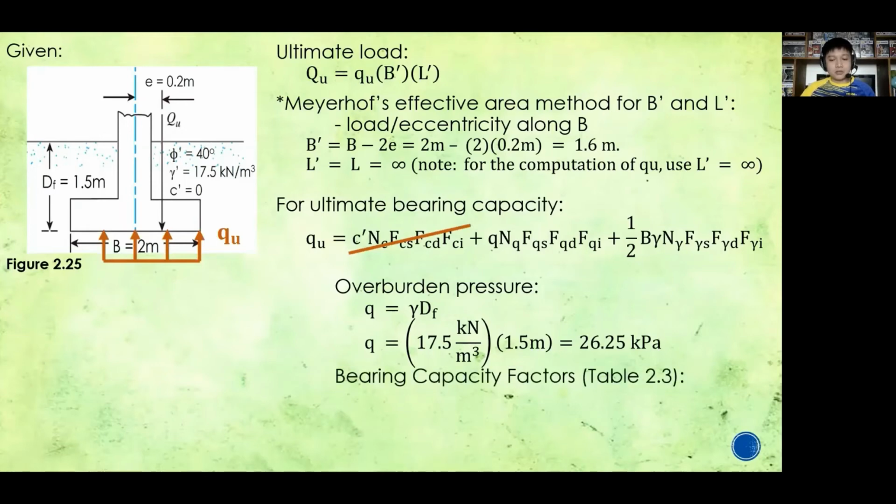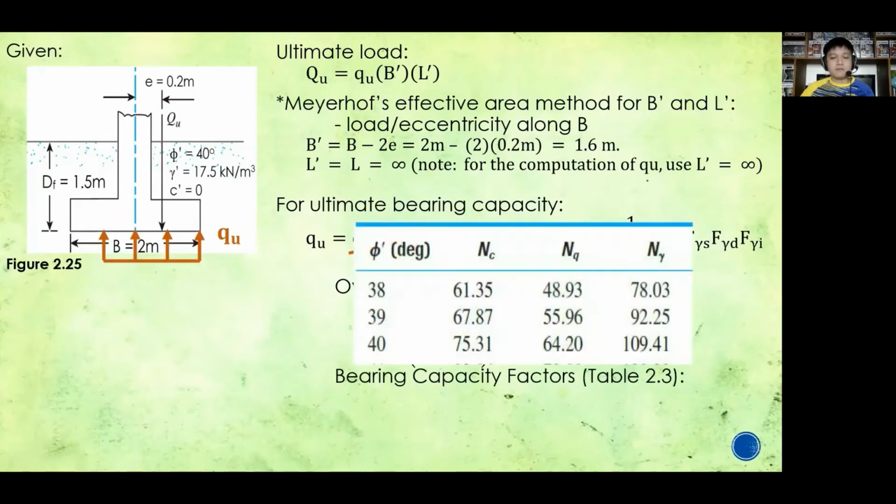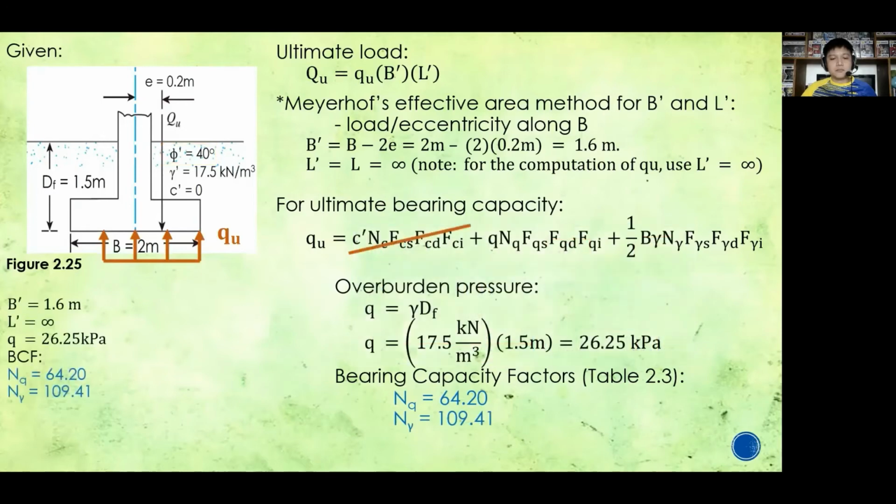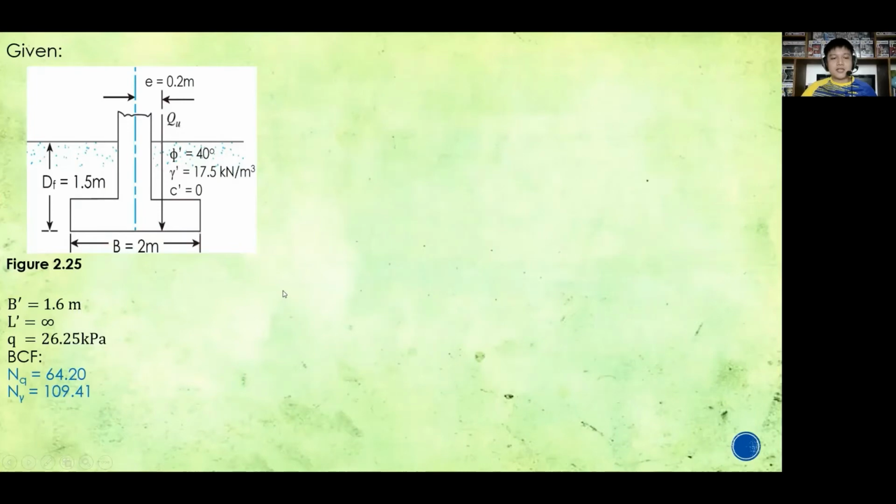Bearing capacity factors, again, table 2.3. Since c is 0, our interests are Nq and N gamma only. So Nq is 64.20 and N gamma is 109.41. Set aside now our pre-identified values, and let's identify our additional factors.